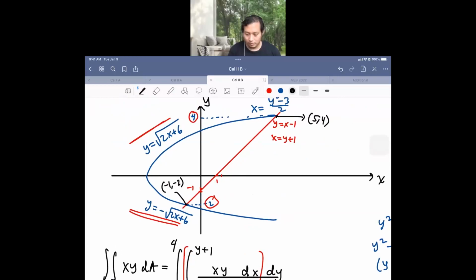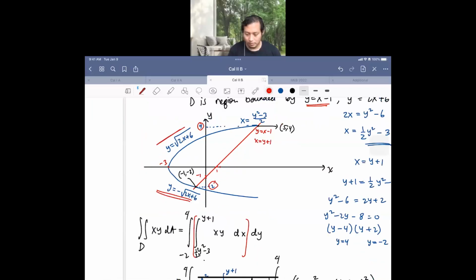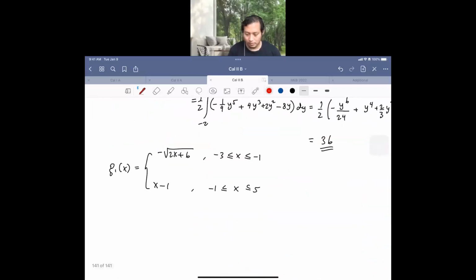Let me draw it, just to make sure this part, okay, and here this is -3 if you check the point, the vertex. And similarly for g2. So if you would like to calculate using a function of x, it is possible, but you will see that it is going to be really complex and ugly in equations.